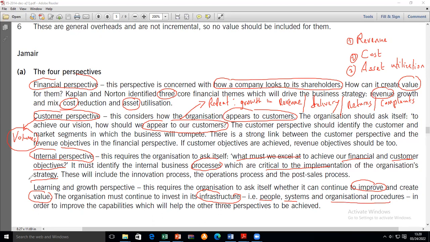How do we know whether we are a learning organization? How much are you spending on training? The amount that you spend on training.